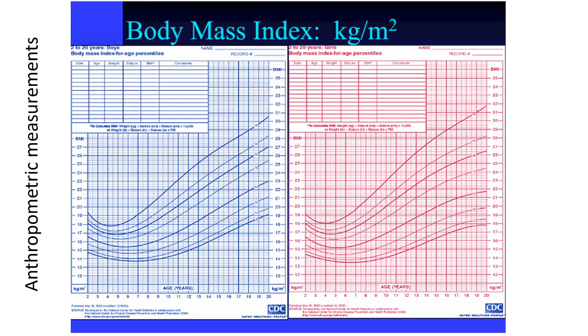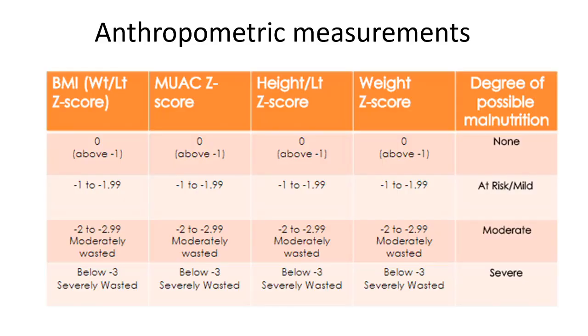Body mass index is a little bit better, but we can't evaluate the severity of malnutrition accurately. According to the World Health Organization guideline recommendation, we have to evaluate severity using the Z-score of body mass index, MUAC, height or weight, and we can't see the Z-score in the growth chart.